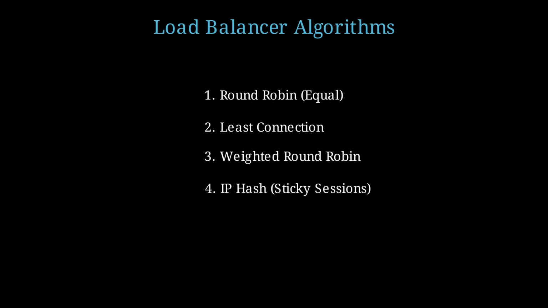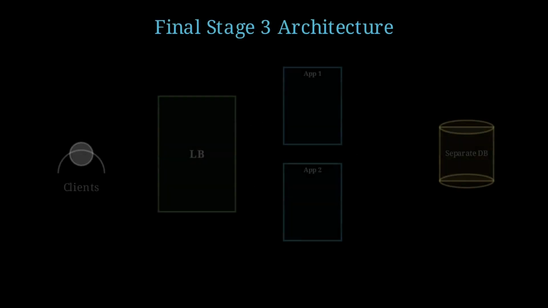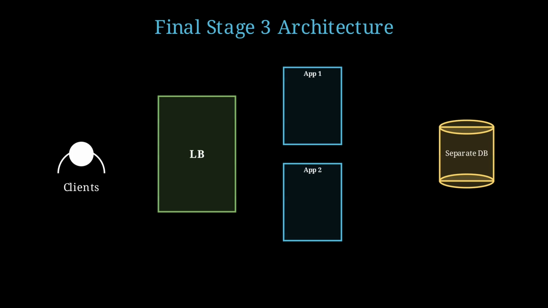Okay, so now in the third stage, what we need to do is scale the application. Generally, industry follows horizontal scaling. To do horizontal scaling, two components are required. Your application should be designed as a stateless application. At the same time, you need to configure the load balancer in between.